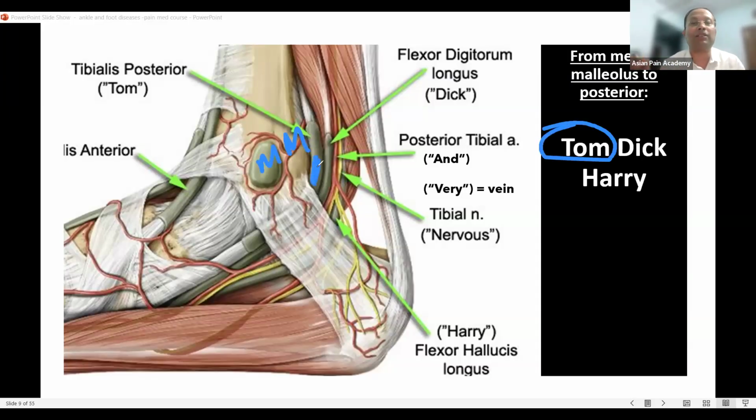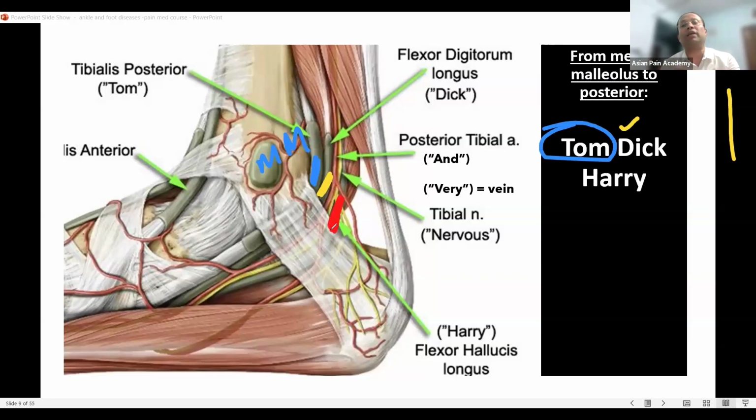Dick is the flexor digitorum longus. Harry means flexor hallucis longus.